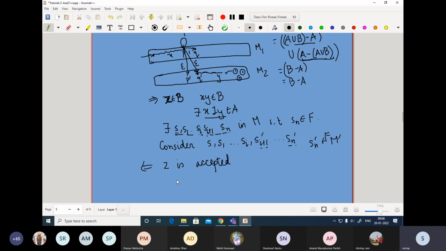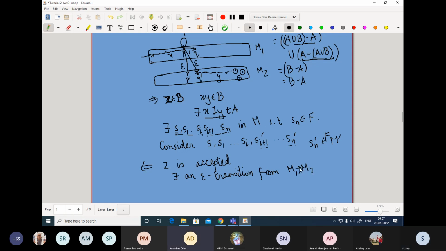So the first thing is, if Z is accepted, then there exists an epsilon transition from M1 to M2. Otherwise, you are starting in M1, you cannot reach M2.